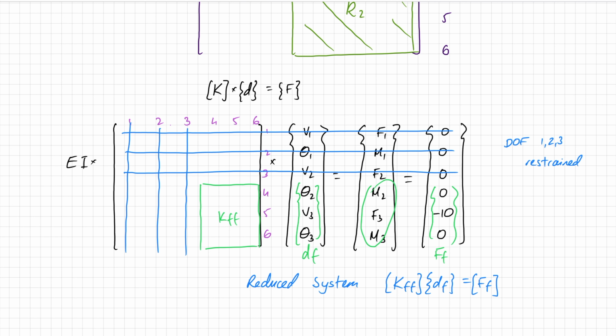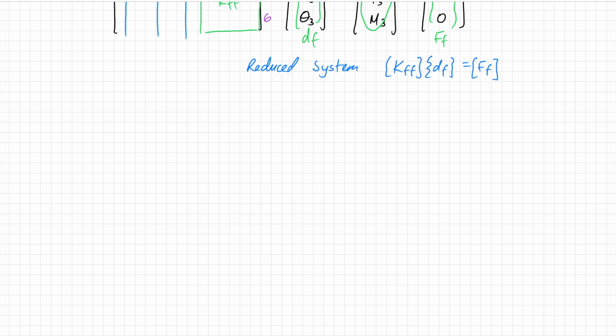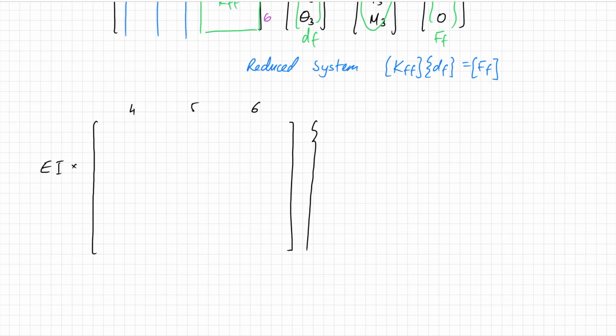So let's write out the reduced system fully. So the reduced system is going to be EI times this stiffness matrix, which will have degrees of freedom 4, 5, and 6 only, times the displacements and rotations, so theta 2, V3, and theta 3. These are all the degrees of freedom that are free to move and rotate, and that equals the force vector, which we already established was 0, minus 10, and 0.